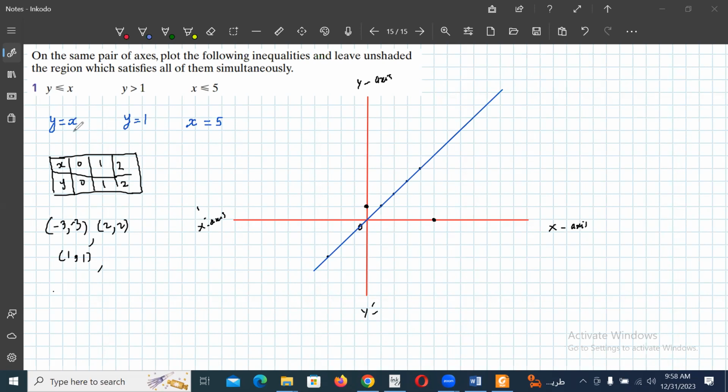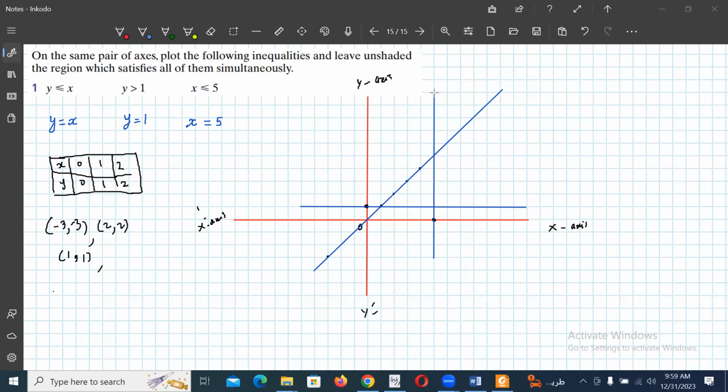The horizontal line, y is equal to 1, passes through 1 on the y-axis, and you can extend this line. The third one is the vertical line, which passes through x equal to 5, going straight up.